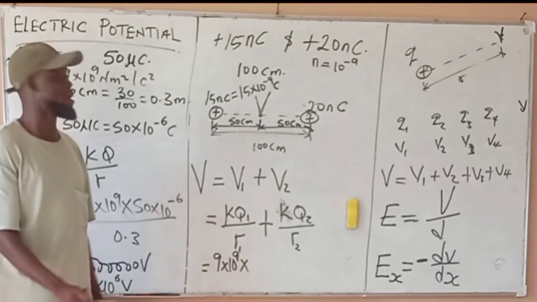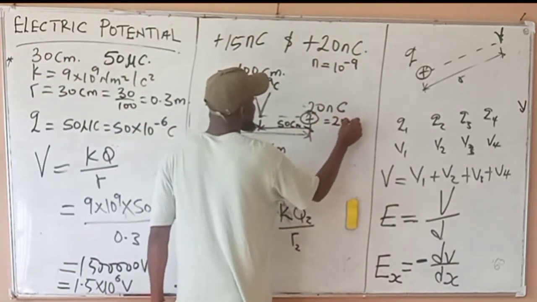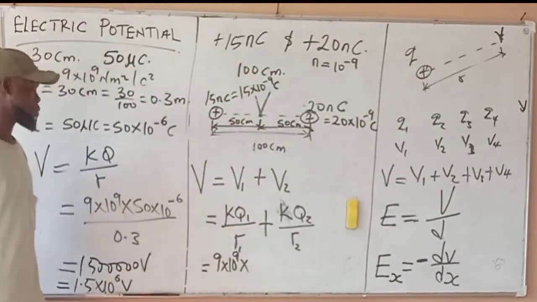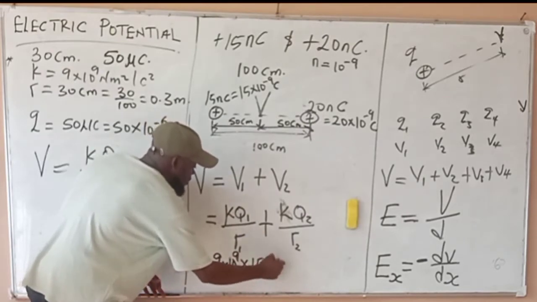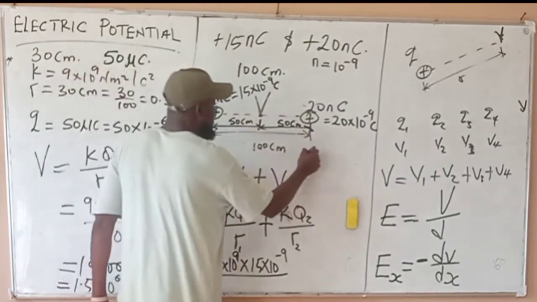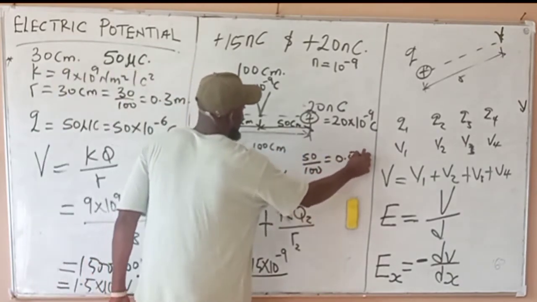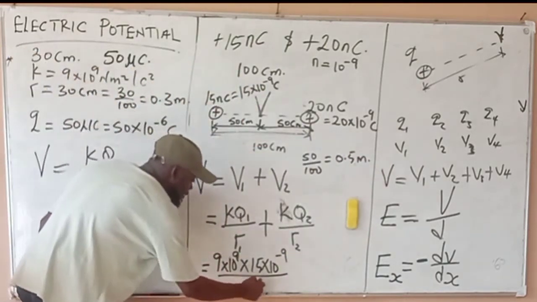So Q2 will be presented as 20 times 10 to the power minus 9 coulomb, which means 20 nanocoulomb. So this one will be 15 times 10 to the power minus 9 over 50 cm. Now 50 cm is 50 over 100 meters, which is 0.5 meters.